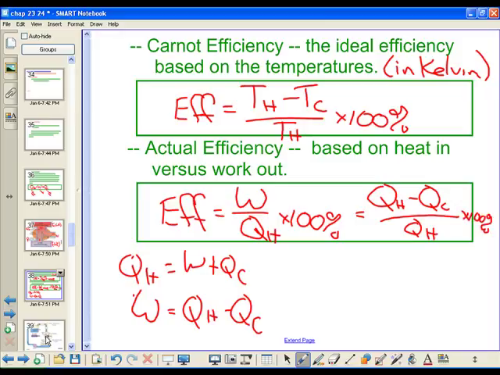It's kind of like back when we had actual mechanical advantage and theoretical mechanical advantage. Theoretical is based on distances, like how long the lever was and how high you're going. And the actual is based on how much force you actually had to use. In that case, you had losses because of things like friction. Here, you lose heat energy. You lose heat energy through the piping.